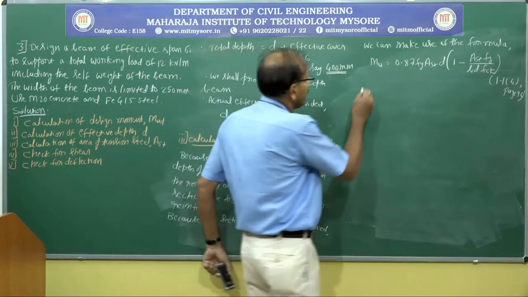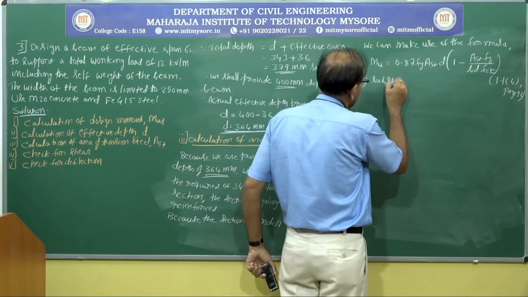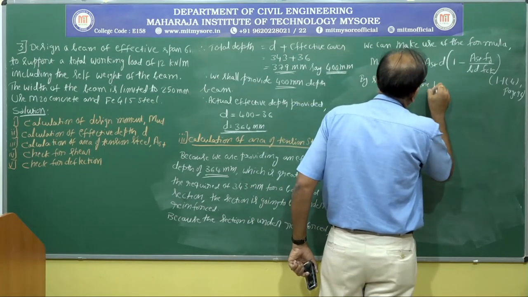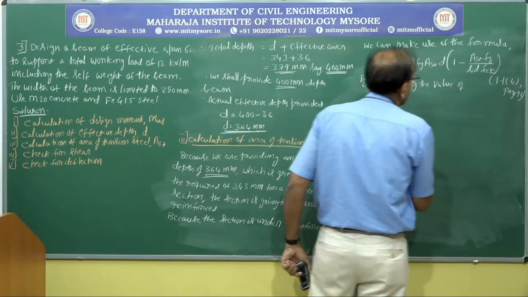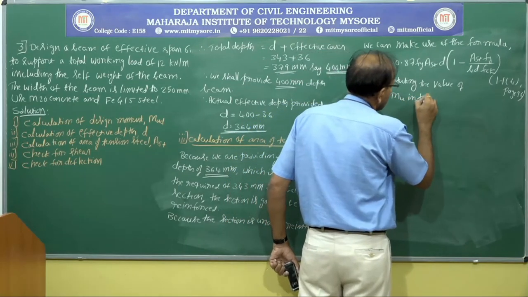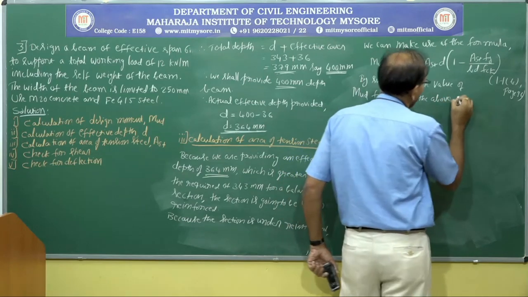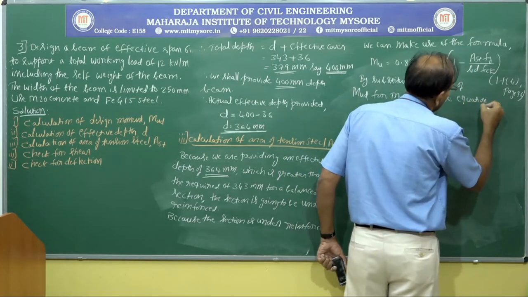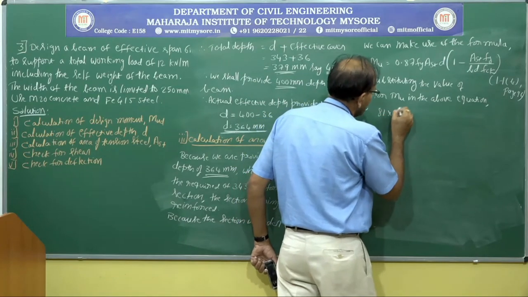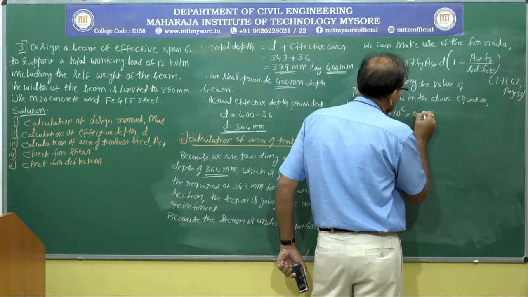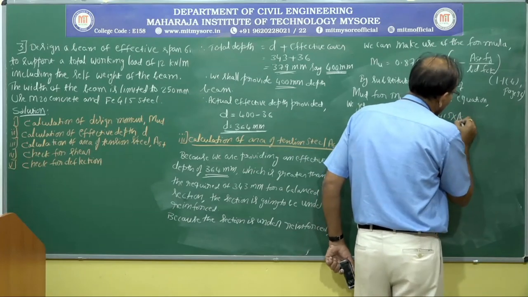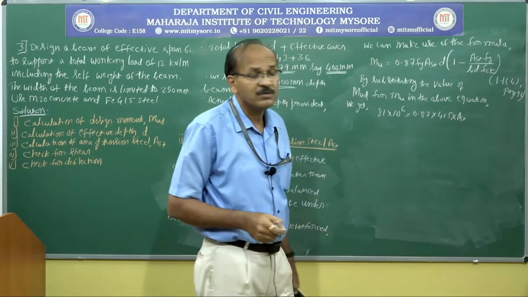So by substituting the value of Mu for Mu in the above equation, we get 81 multiplied by 10 to the power of 6 equal to 0.87 into 415 into Ast, that is the one we don't know, and that is the one we are going to calculate.